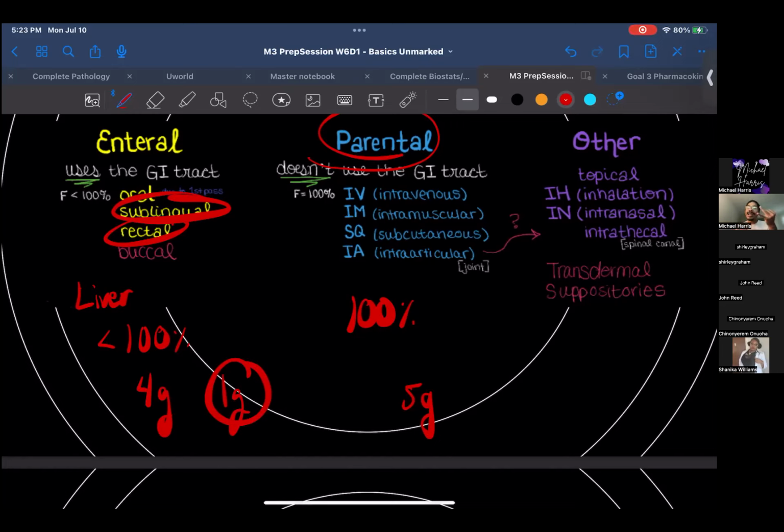Okay? You cannot calculate how much of that 1 gram is first pass metabolism. You can't do that. Are they going to ask you a question like that? No, they're not. They're going to ask you questions like, what is the bioavailability? Things like that. Okay? Good?